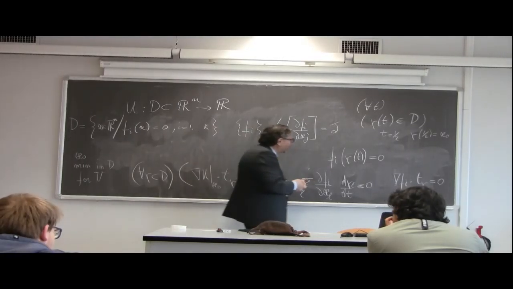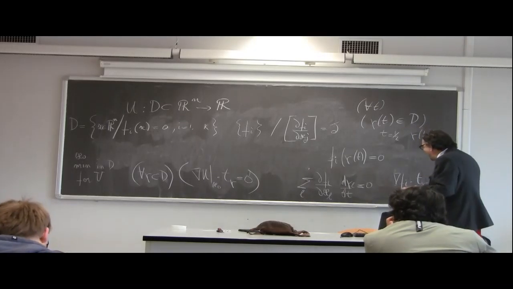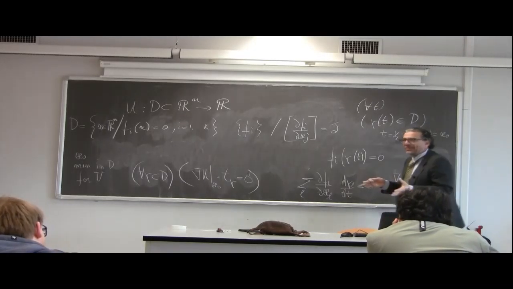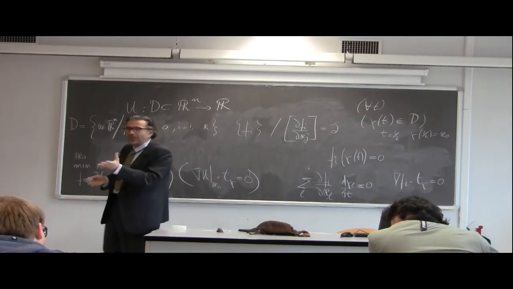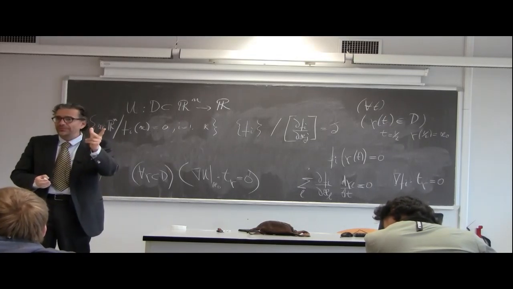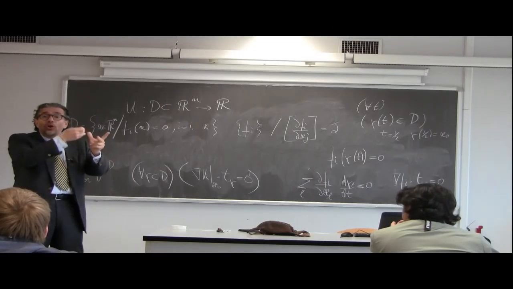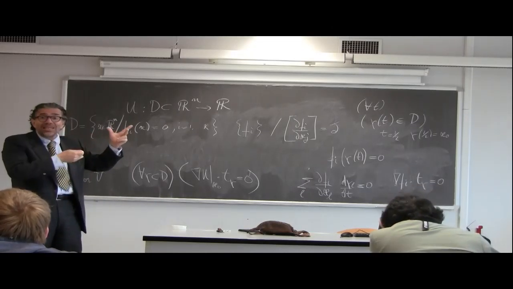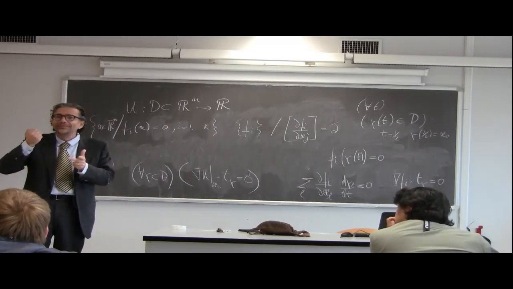Okay? So, how many grad phi's do you have? k. And they form a system of k independent vectors. How many vectors are orthogonal to these k grad phi's? n minus k.